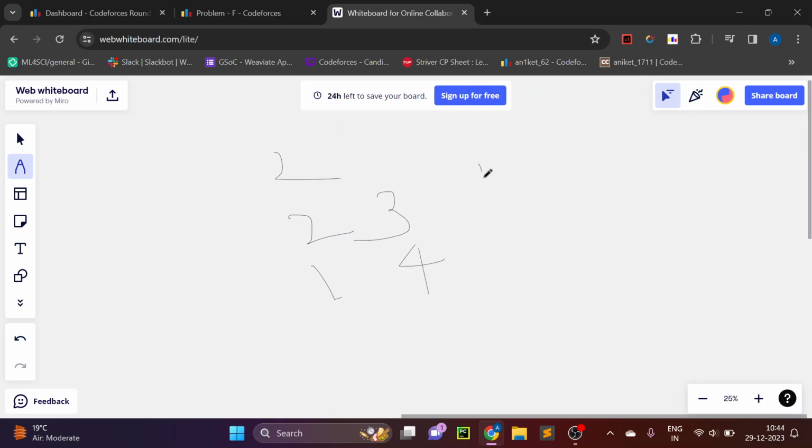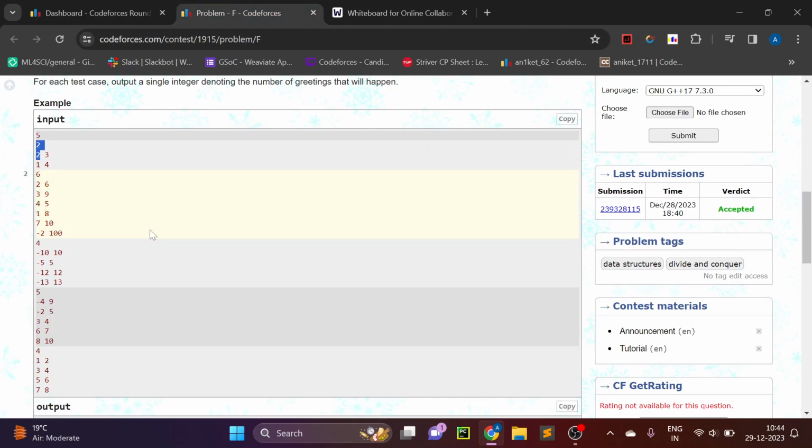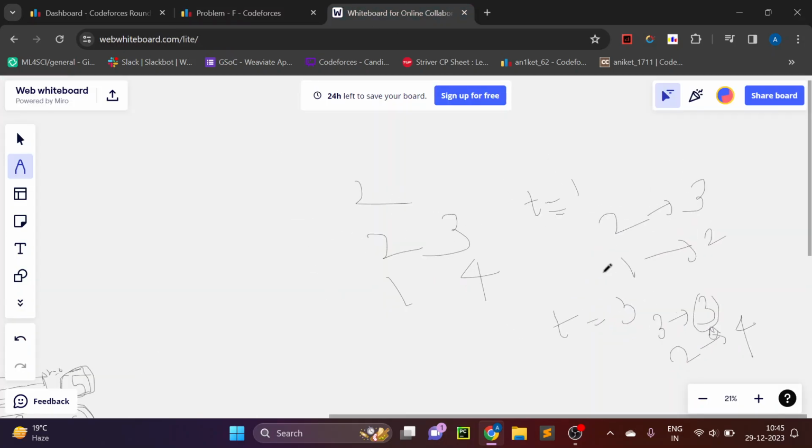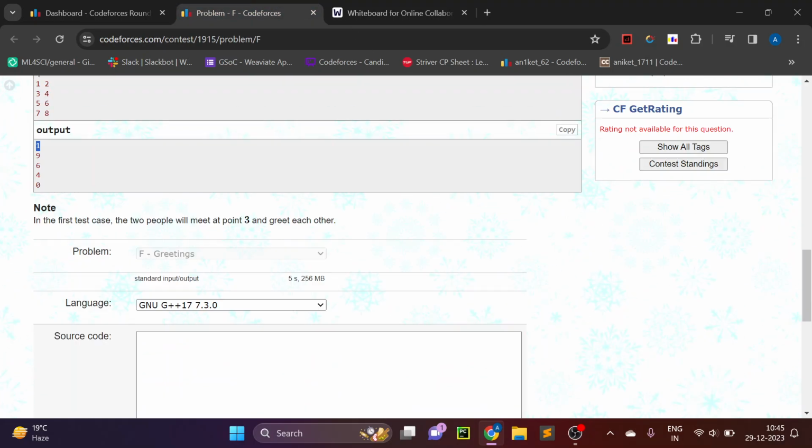At t equal to 1, the first person will reach 3, and the second will reach 2, and at t equal to 3, the first will remain at 3, but the second will go up to 4. At t equal to 2, the second was at position 3, so these two persons will greet each other, and the total number of greetings here is 1. So this was the first test case. I hope you have understood the question.